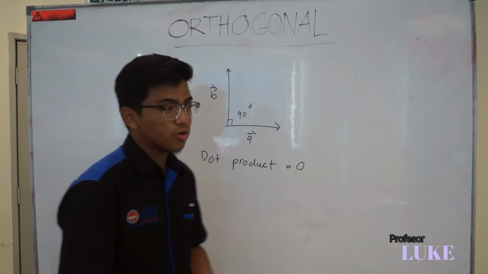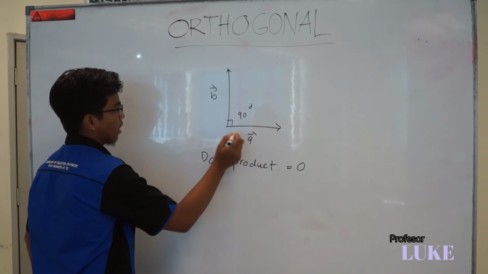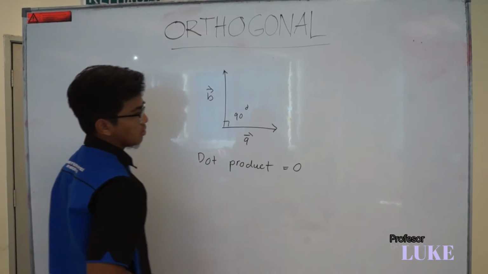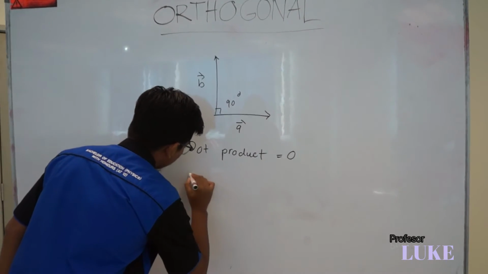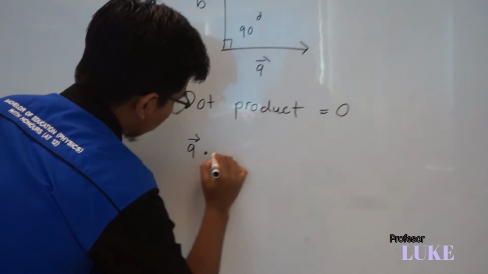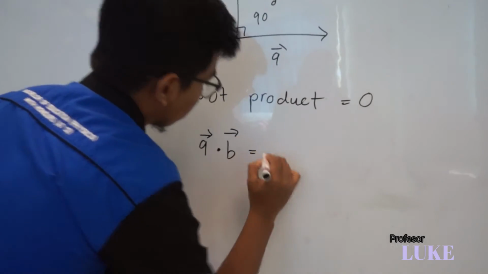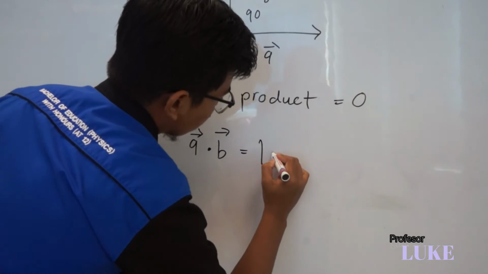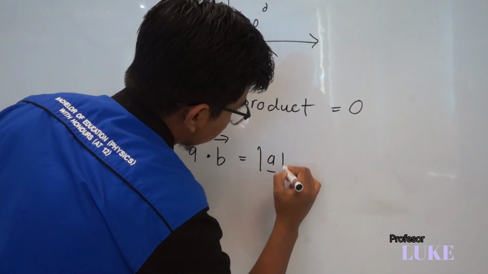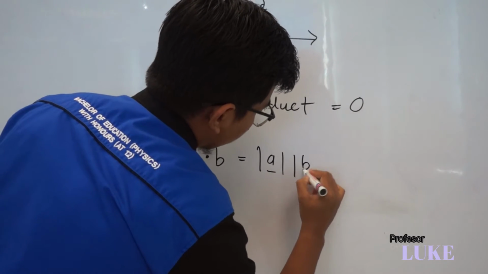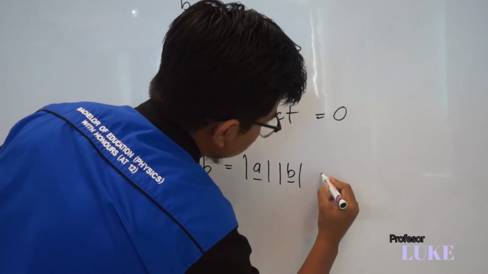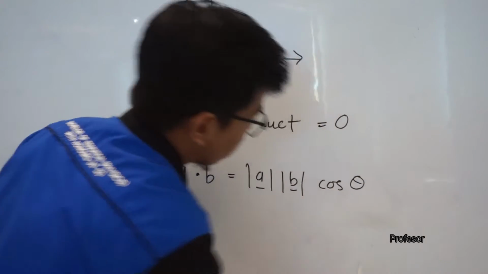So I'm going to show you why. As we know, the equation of the dot product is the length of vector A times the length of vector B times cos theta.